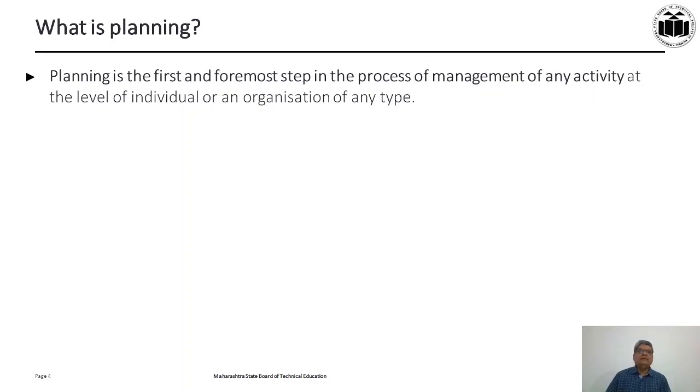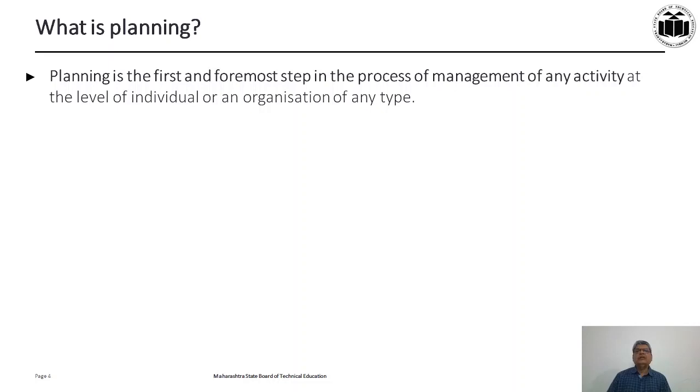Now planning is the first and foremost step in the process of management. You know the cycle of management. You must have learned it in CO1 that the major steps in management, or the process of management, are planning, organizing, implementing the plan, then monitoring and control, and thereafter the management review or audits.